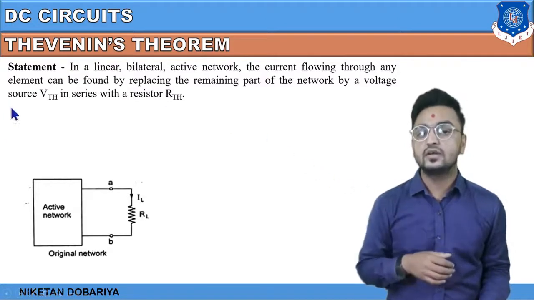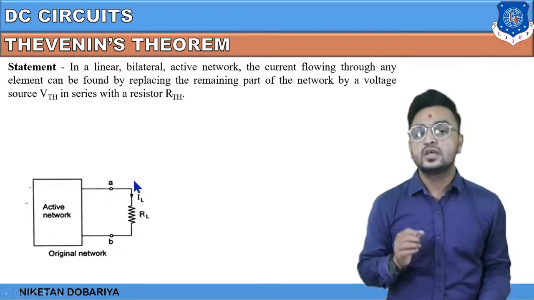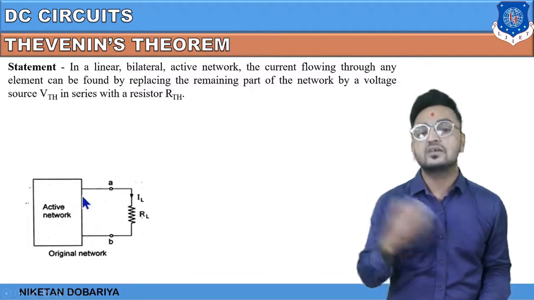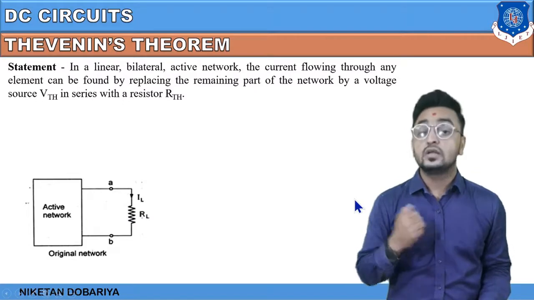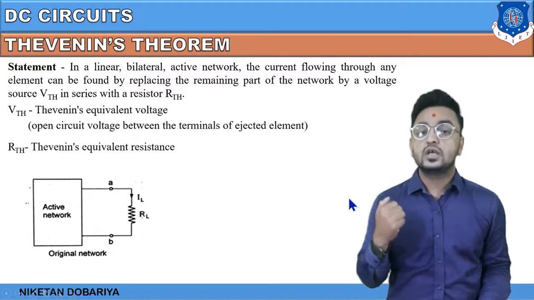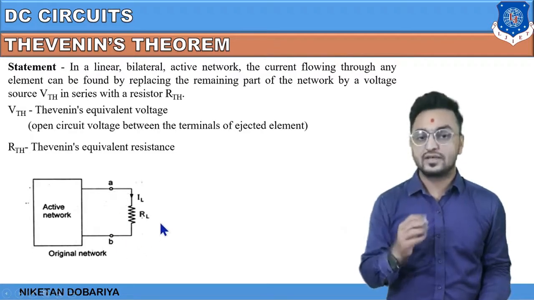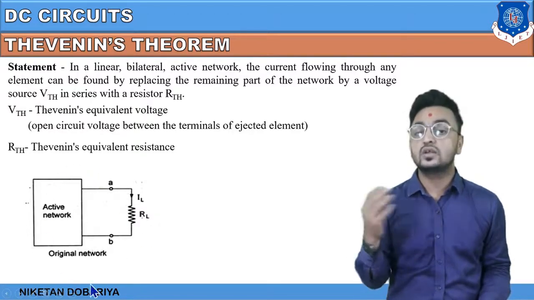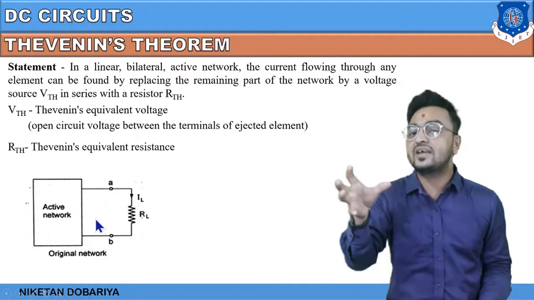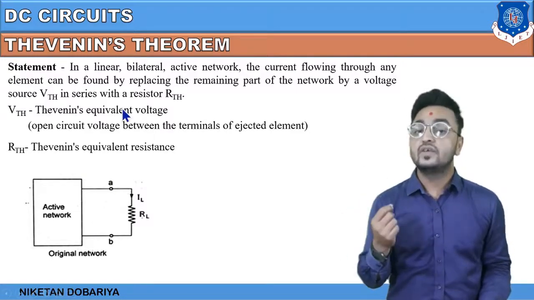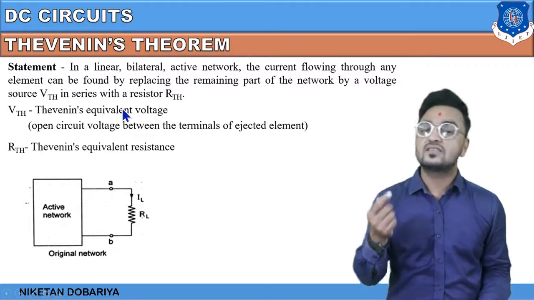Another example is shown here. We have one load resistance connected across some network, and this box represents any kind of network. Now if we want to find out the voltage or current of this branch, as I mentioned, we can convert this complex network into a simplified diagram where we have a voltage source and a resistance in series.